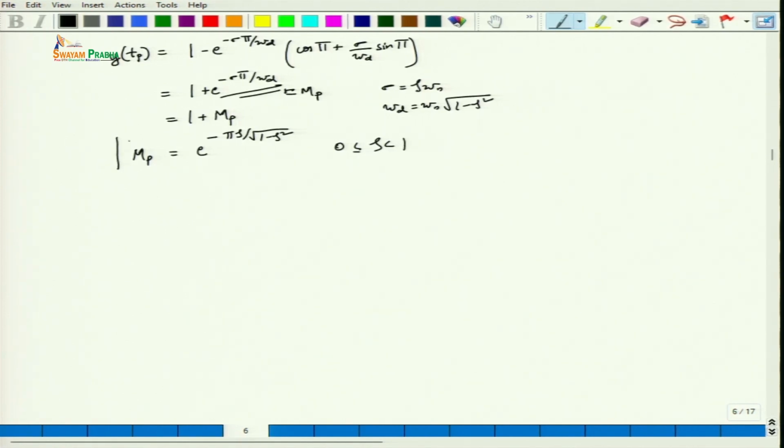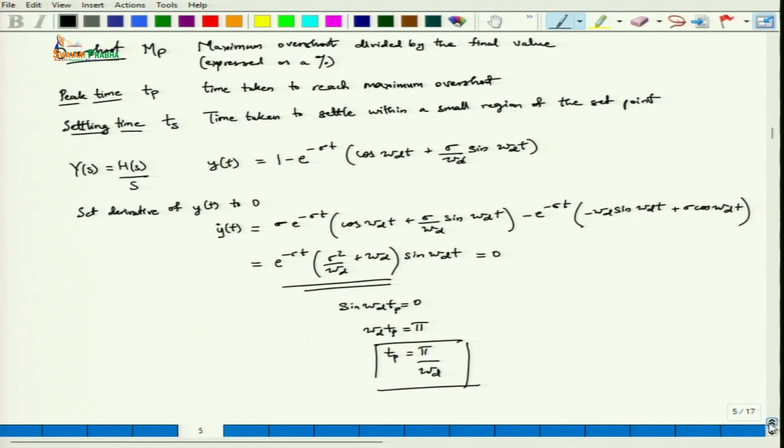So this is our expression for MP. So we have found basically first the peak time by finding yt, setting its derivative equal to 0.